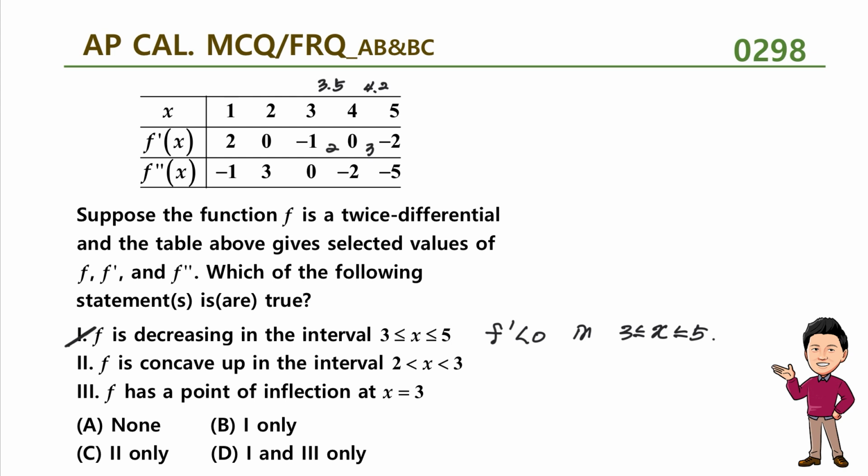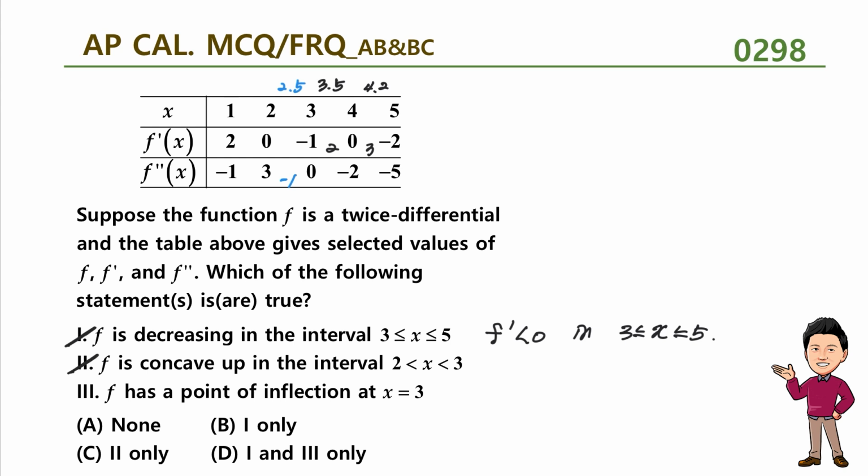Let's say when x is 2.5, we could have a negative f double prime, let's say negative 1. Then f is not concave up at this point. So we don't know what values we have between 2 and 3, and we cannot conclude that f is always concave up in this interval. Does it make sense? So this one is not true.